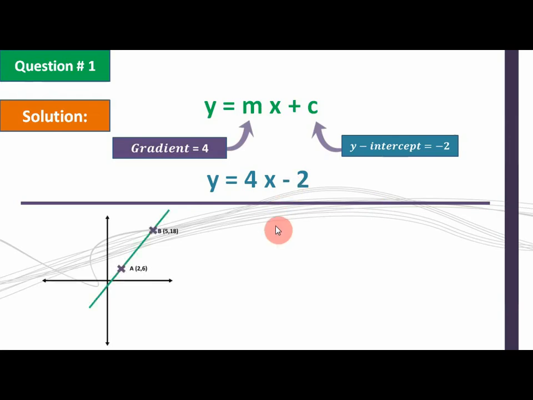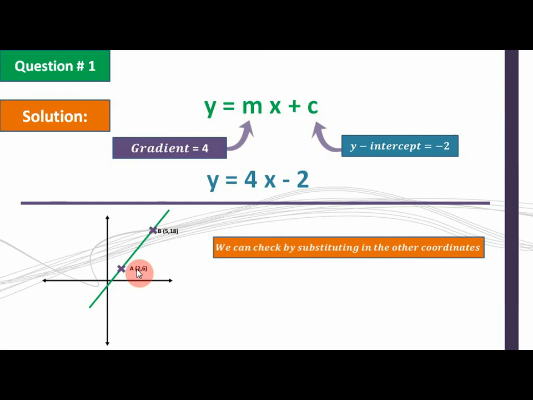Now you may be confused whether we use this point to calculate the value of c or that point. It is up to you to use any point to calculate the y-intercept, or you can also recheck by substituting the other point in the equation, to see whether you calculated the right equation or wrong. When we put these values in the formed equation, we get a satisfactory answer.